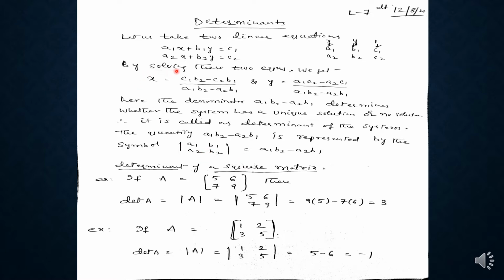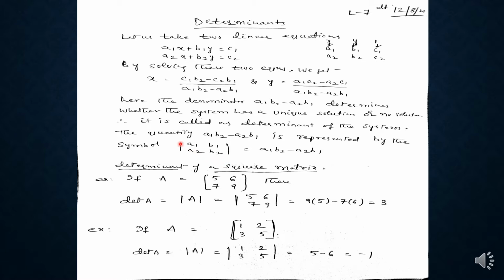If we take the matrix a1 b1 a2 b2 within square brackets, then the determinant of this matrix can be written as det A. These bars are used for the determinant, to show the determinant a1 b1 a2 b2, that is equal to a1 b2 minus a2 b1. So here we have to understand the difference between matrix and determinant.